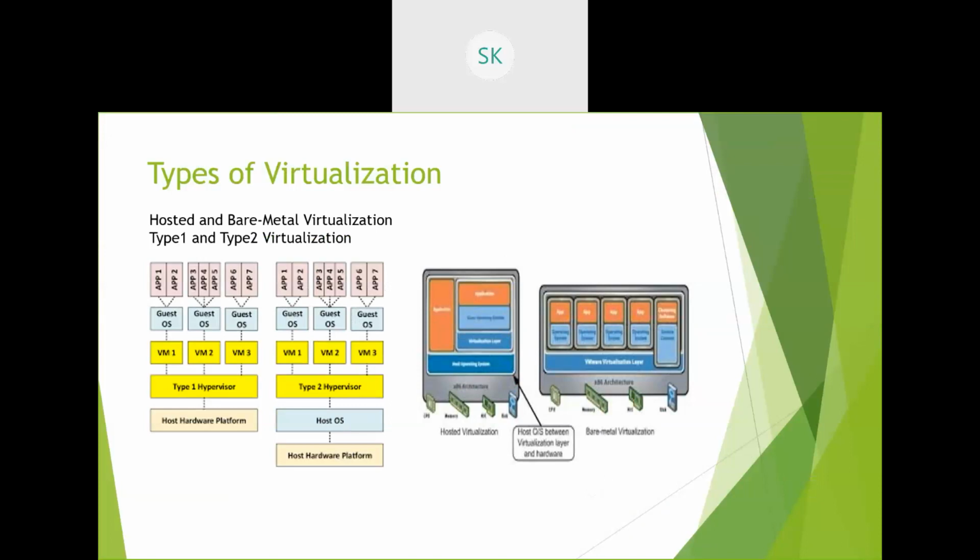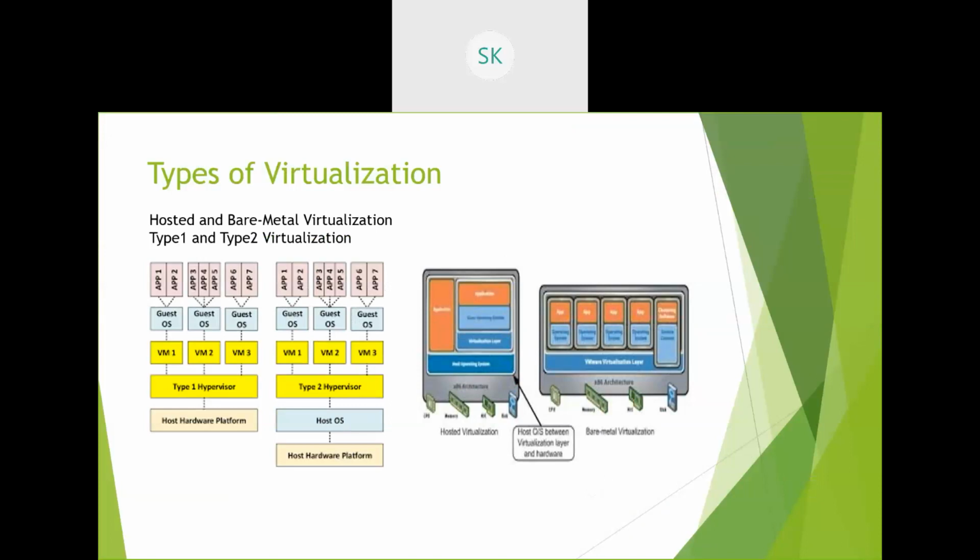That concept we call hosted architecture. The other architecture we call bare metal architecture. Bare metal in the sense that I'm loading a virtualization layer directly on top of the hardware. There is no mediator between my virtualization layer and the hardware.